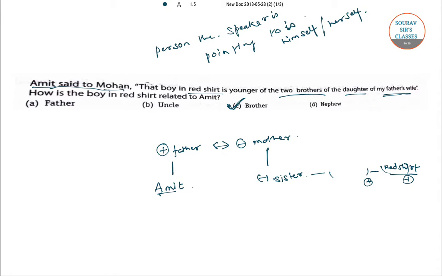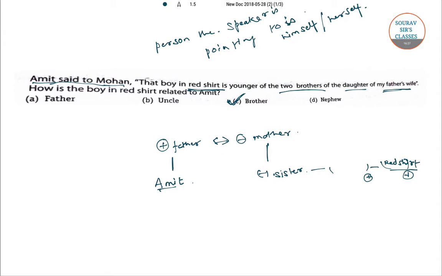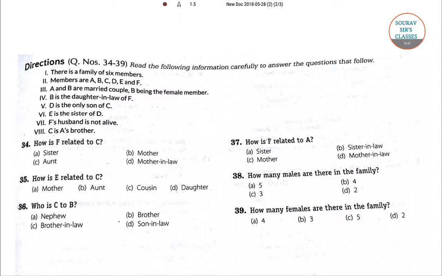Like in this case, the boy in red shirt can be Amit himself or his brother. Now, since himself is not an option, therefore we are saying that the correct option is option number C, that is his brother.